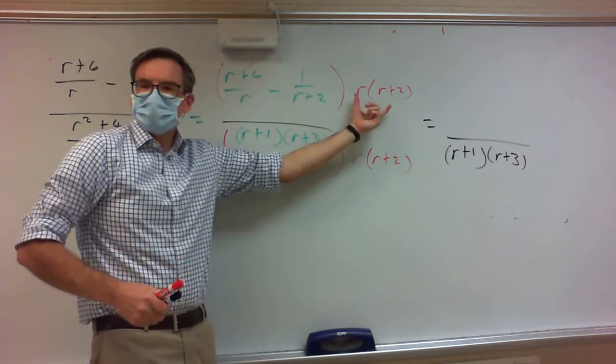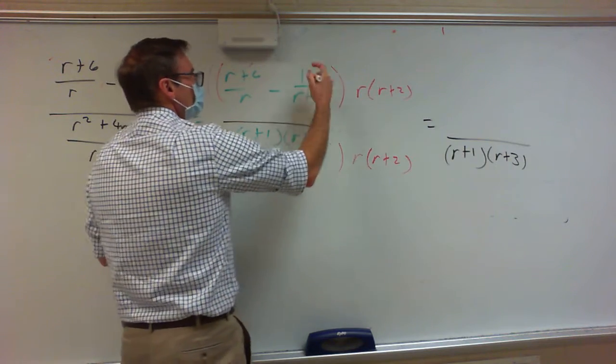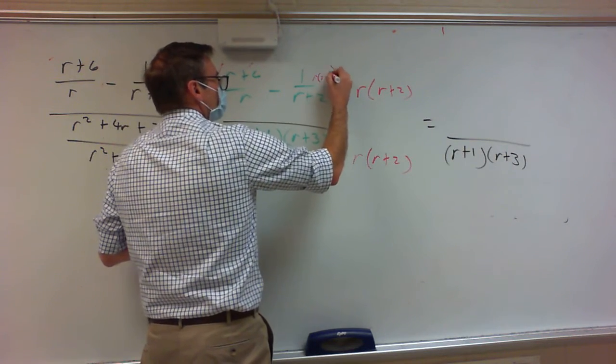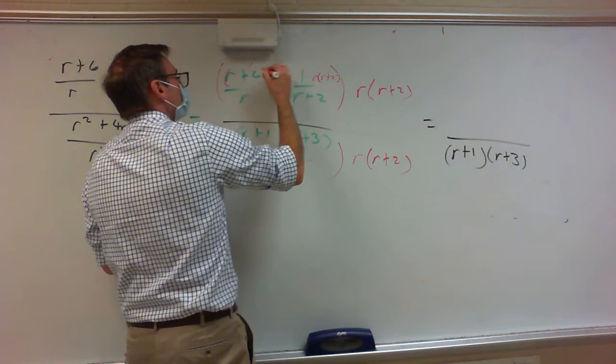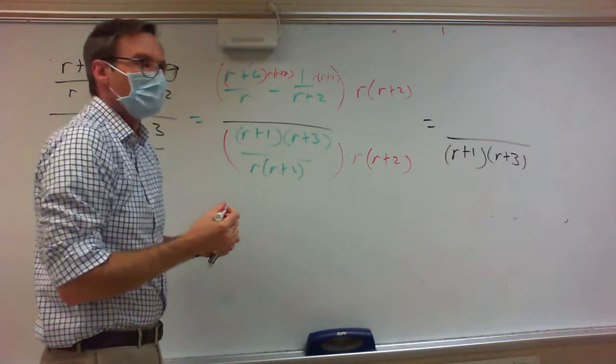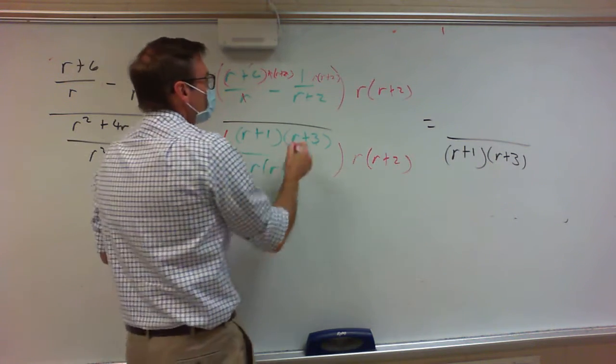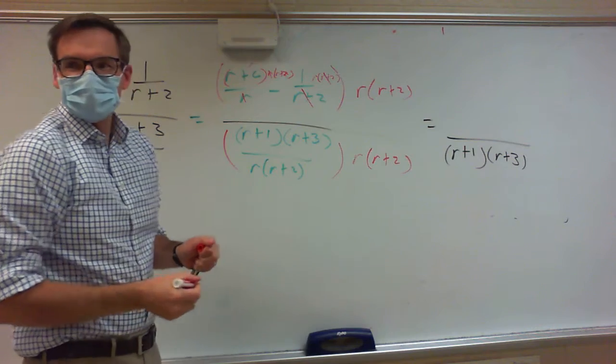Now, the way you deal with this is imagine that gets distributed to each of those terms. So imagine there's like an r plus 2 here. There's an r and an r plus 2 here, right? And like this r cancels this r. Right? And this r plus 2 cancels this r plus 2.